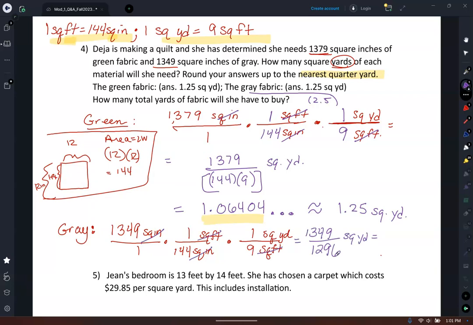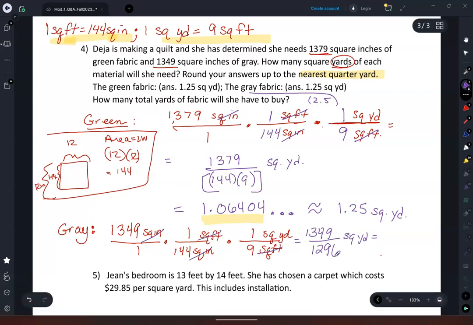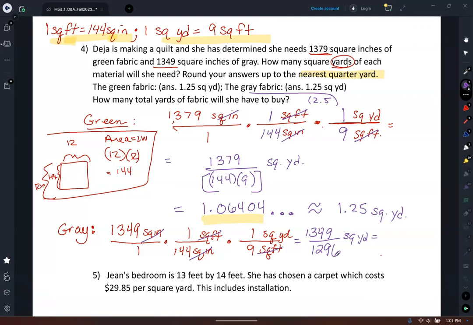So now I filled in multiply by 1 square yard over 9 square feet. And then just multiply across the tops, across the bottoms, and crunch those numbers, and you'll get 1.04089, which is very close to the other one. And we just want to then round up to the nearest yard because that's how it's sold, the nearest quarter yard.